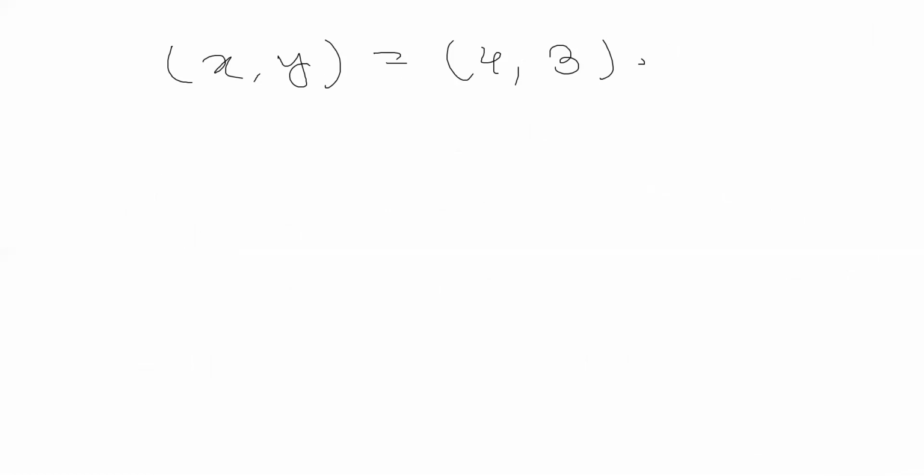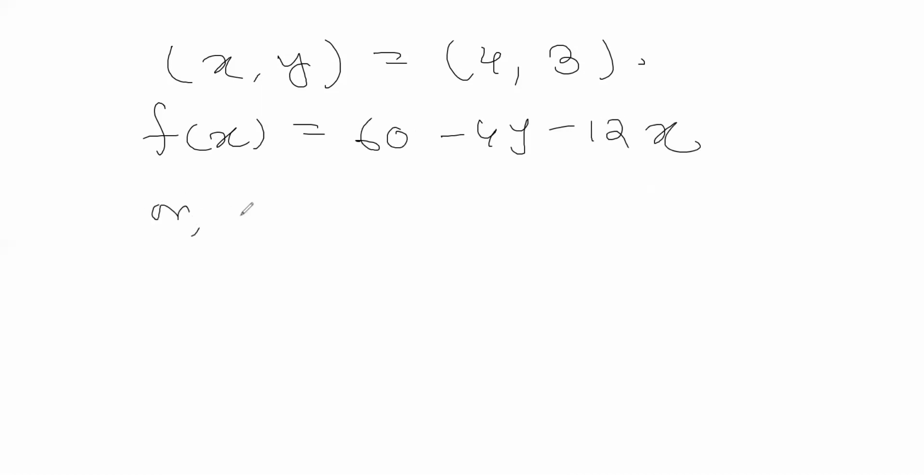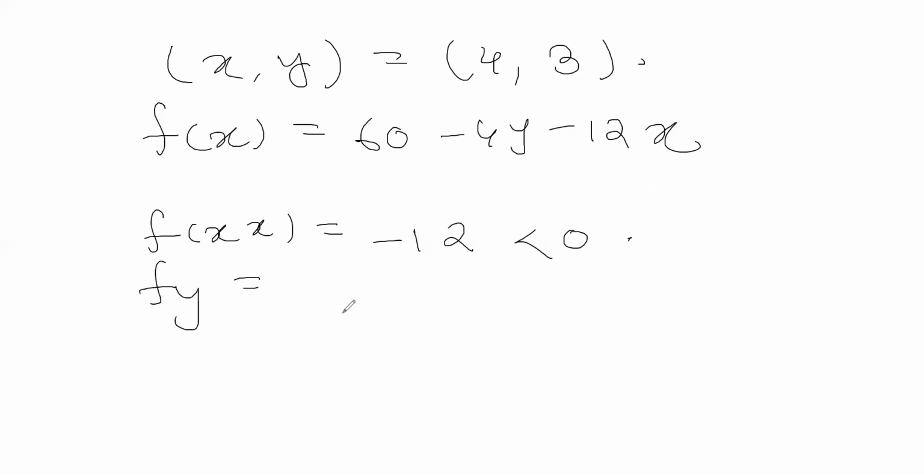So after doing that and after identifying the critical values, now it's time to focus on the second order derivative. So if the first order derivative is 60 minus 4y minus 12x, then from here we can see that the second order derivative f of xx is equal to negative 12, which is less than 0. Similarly, f of y, we have got 34 minus 4x minus 6y.